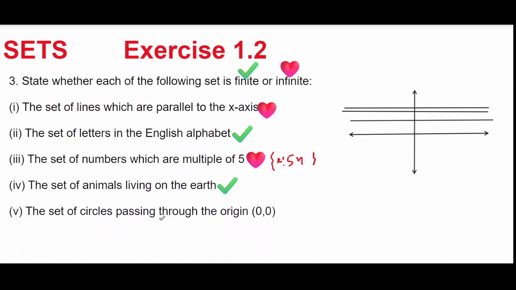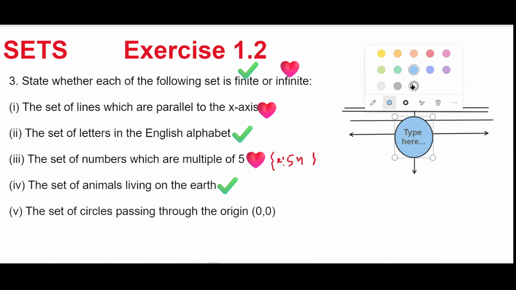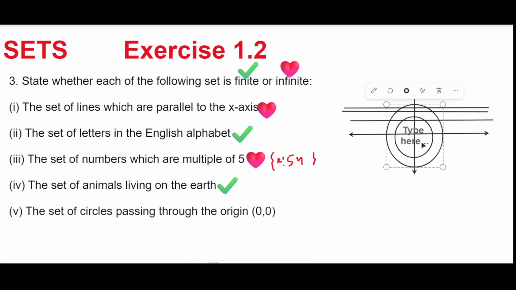Now, the set of circles passing through the origin. There are many circles we can make. First, this is a circle. Then we can make another circle, all passing through the origin 0.